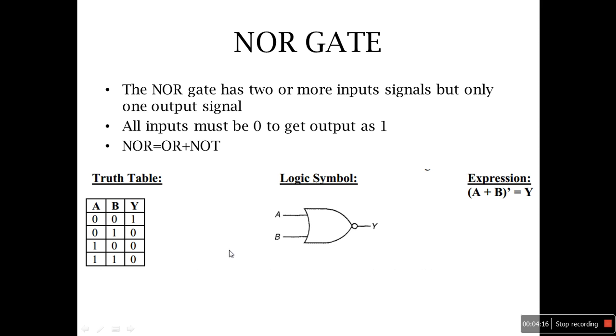And this is the logic symbol, this is the OR gate, and this is the NOT gate. The bubble indicates the NOT gate, and the expression for the OR gate was A plus B, whereas for the NOR gate it is A plus B whole complement. Also, the NAND gate and NOR gate are called universal gates. The reason for that and a detailed explanation will continue at the end of this presentation.